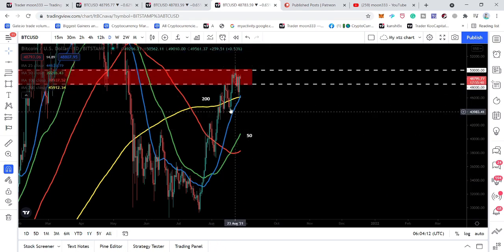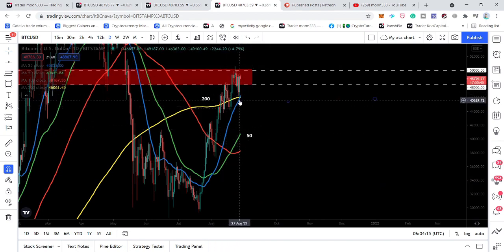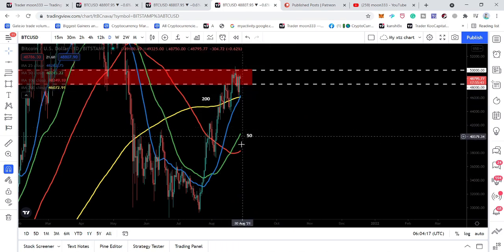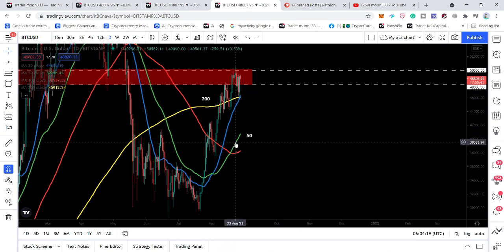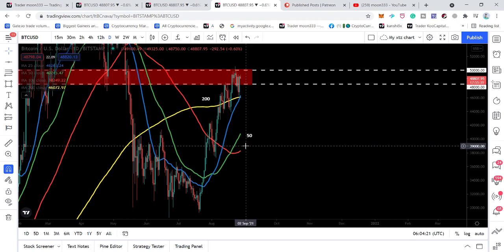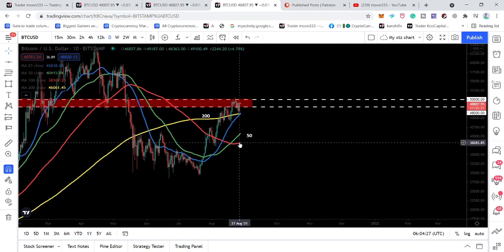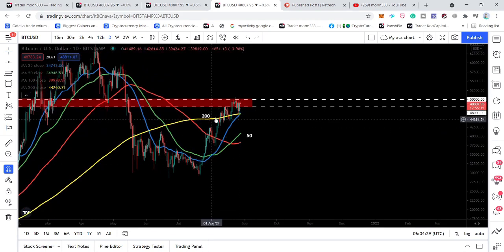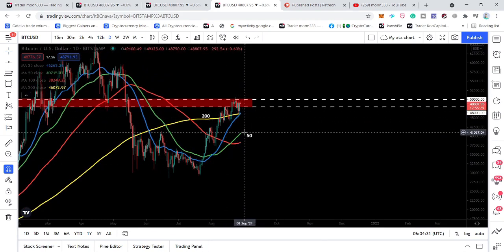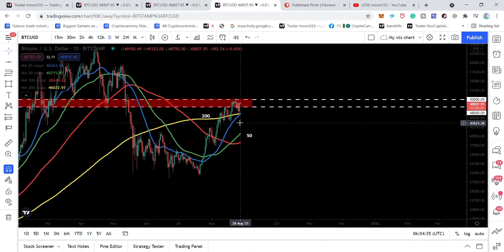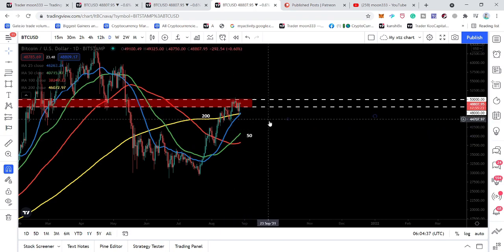Now you can see that the 25 simple moving average has crossed up the 200 simple moving average. The 100 is also moving up, and look at this 50 simple moving average, how aggressively it is moving up. You can see that it is getting closer and closer to the 200 simple moving average. So we are going towards a golden cross formation very soon, within the next few days.